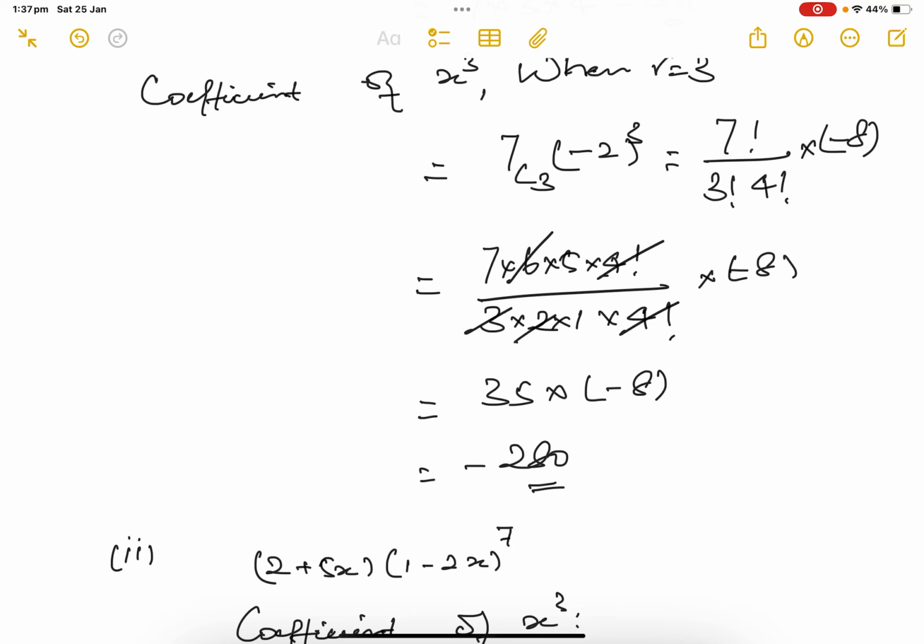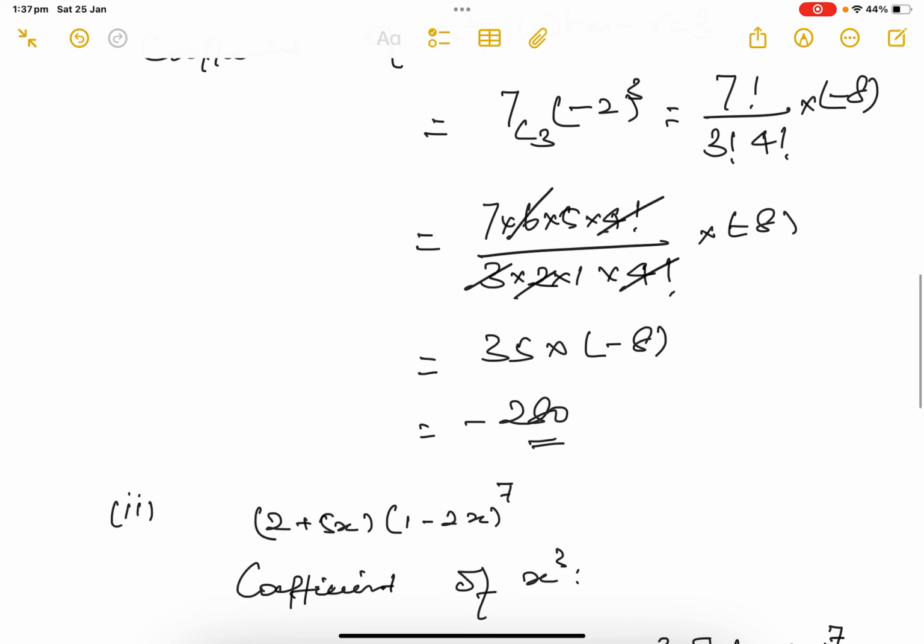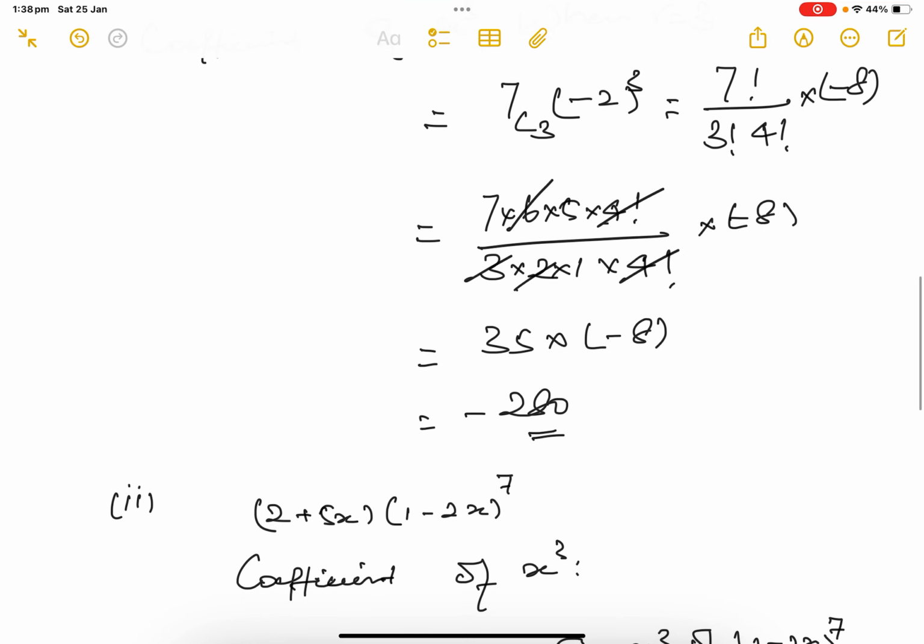What we are left with is 7 times 5 times minus 8. 7 times 5 is 35, times minus 8: 35 times 2 is 70, times 4 is 280. So minus 280. The coefficient of x cubed is minus 280.